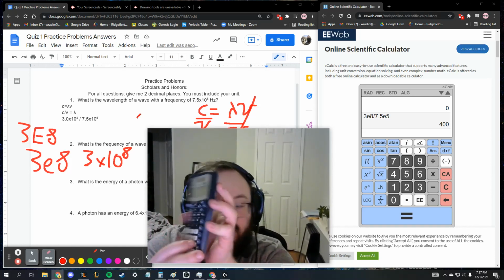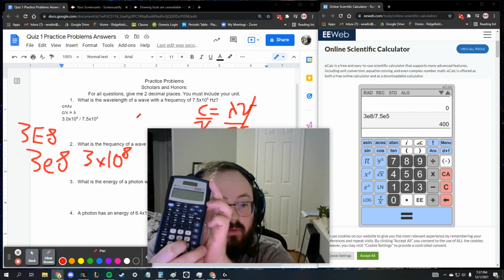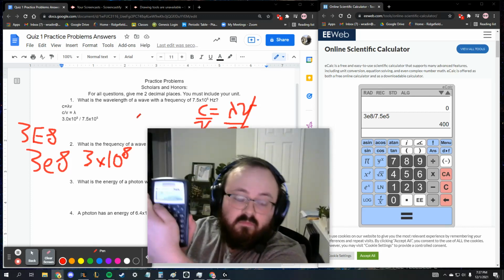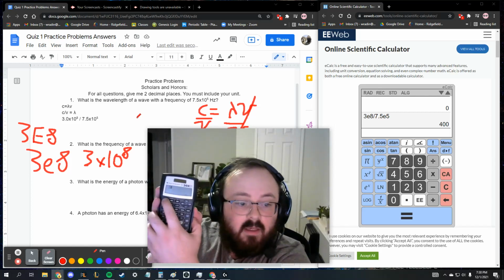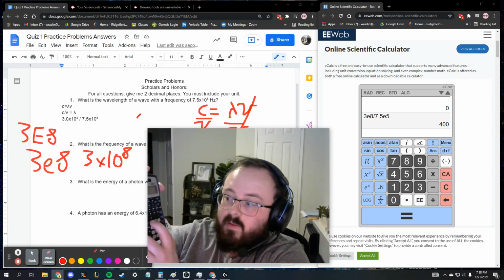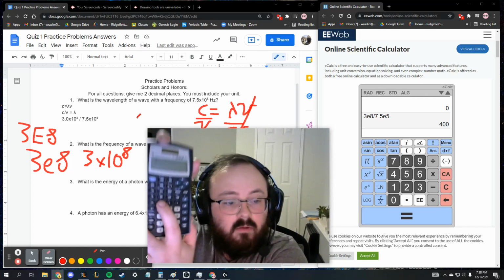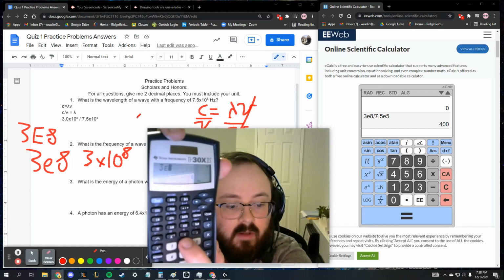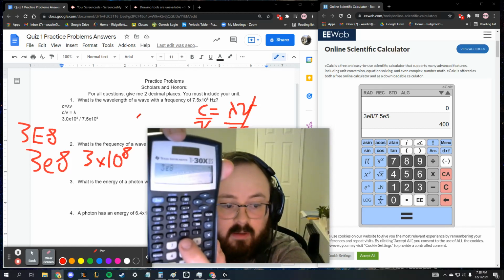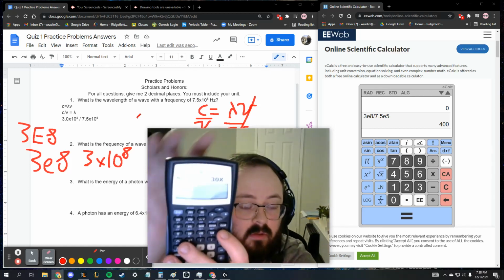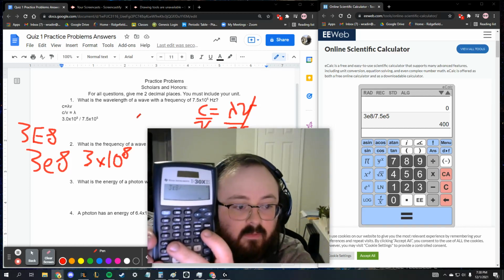Alright, I have to do this backwards. This is going to be fun. So 3. To get the E, the second key, all the way up here in the top left corner, and then this key right here. And then we press 8. This is the same thing. So we're going to divide it by, oh, the glare is not, there we go.